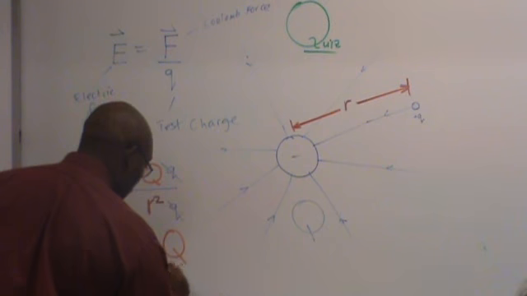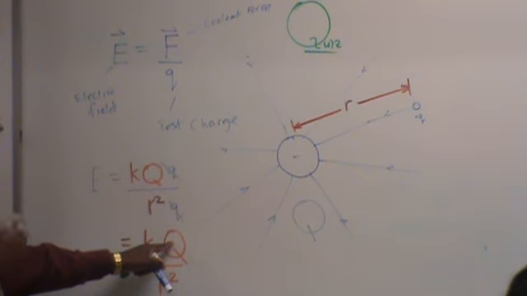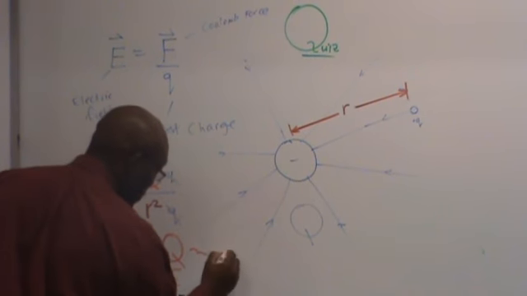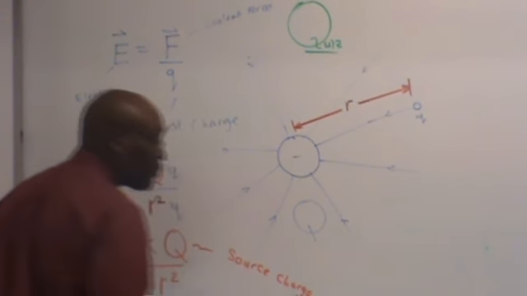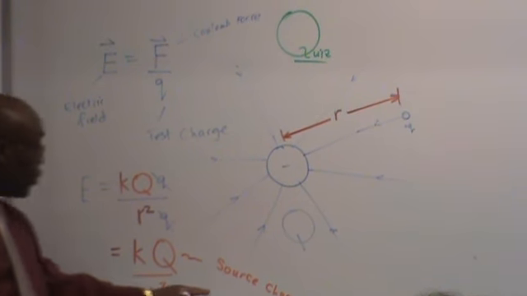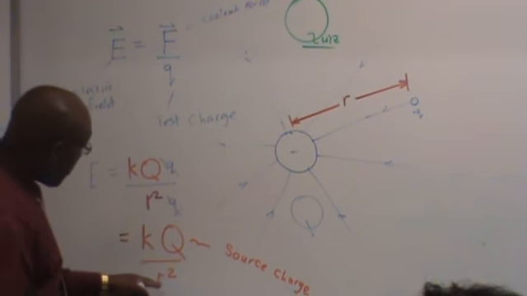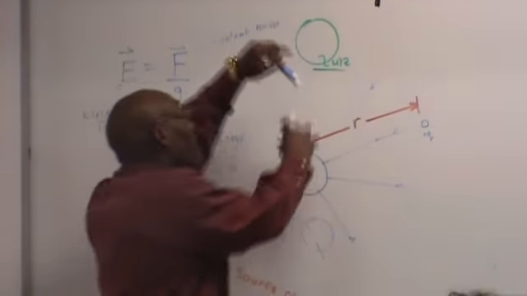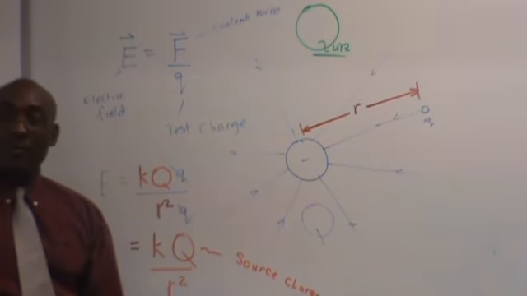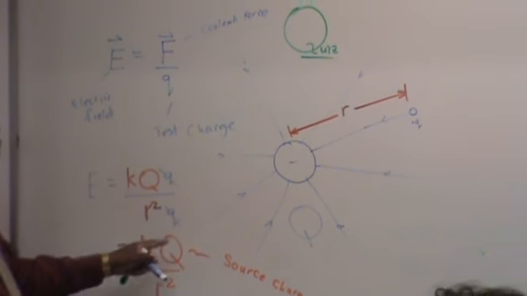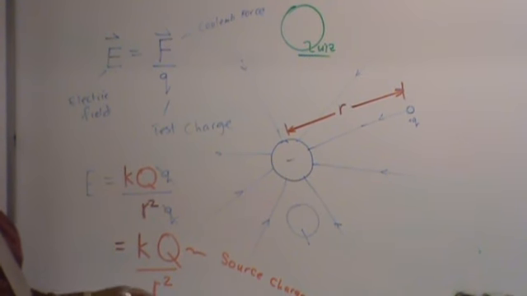Q over r squared. Now remember, this Q is the source charge. I call it the source charge. This Q generates the field that we're measuring, right? And this r is the distance from the charge. So anywhere out here in space, I can measure the electric field for this charge. All I need to know is the magnitude of this Q, my constant, and how far I am away from that charge.